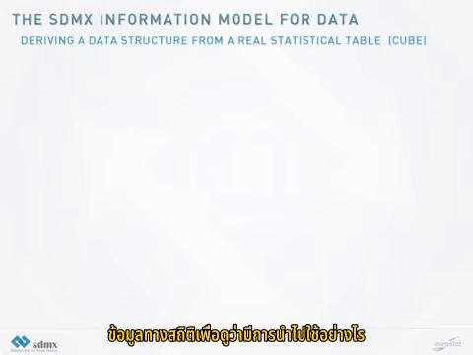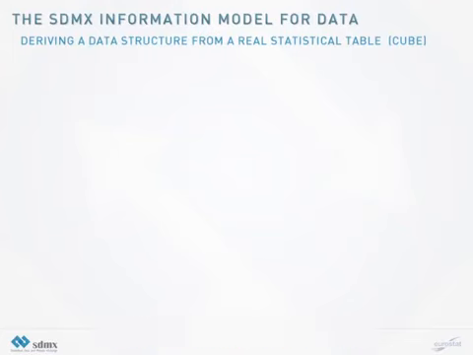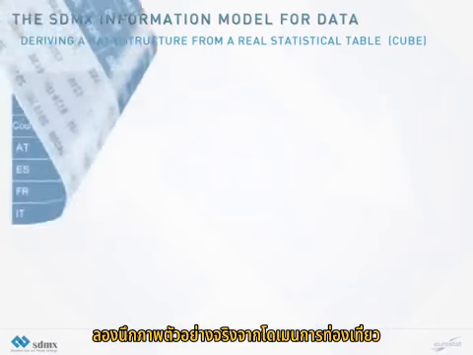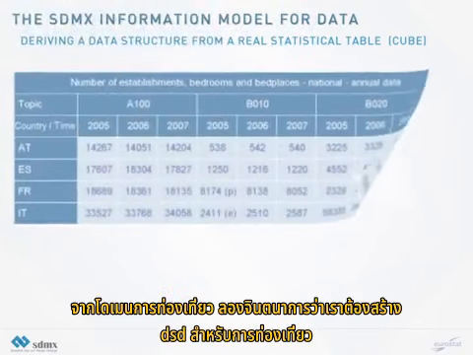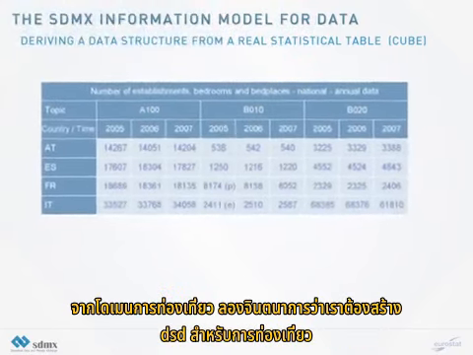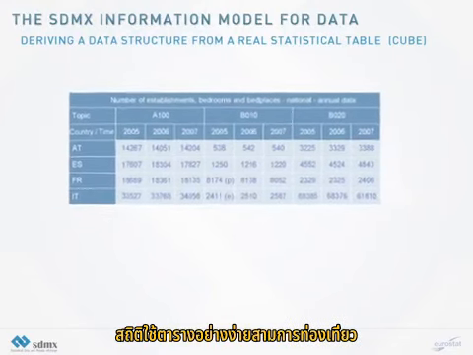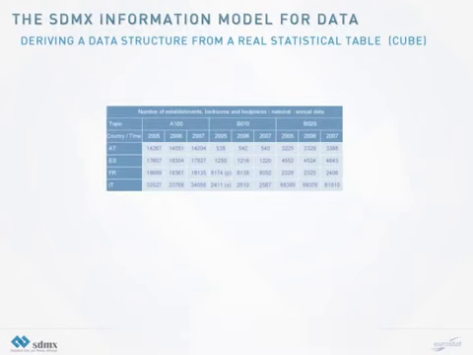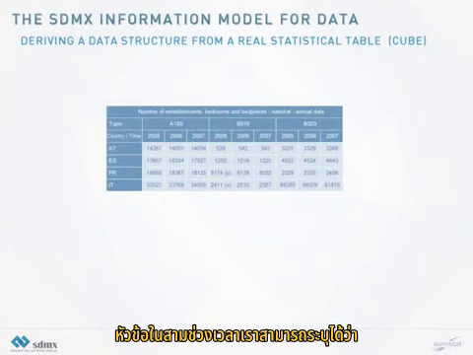To see how it is implemented, let's take a real example from the tourism domain. Let's imagine we have to create a DSD for tourism statistics. Take a simplified table. 3 tourism topics over 3 periods.